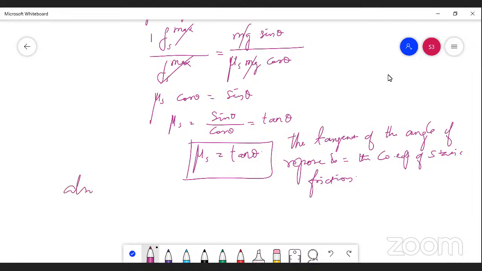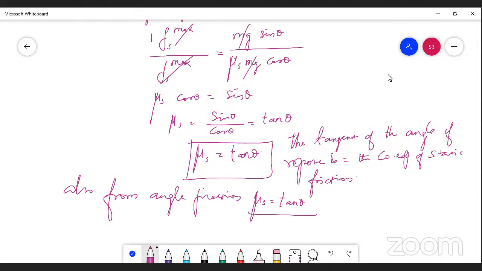Also, from angle of friction, you have the relation mu s is equal to tan of theta. The same expression has been obtained for angle of friction also. The coefficient of static friction is equal to the tangent of angle of friction.